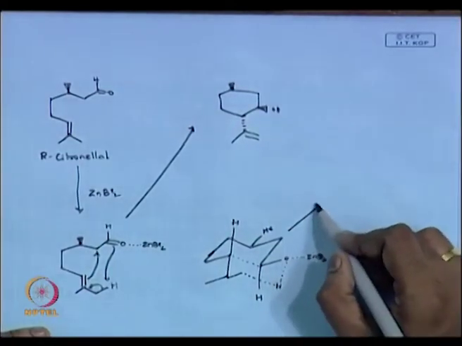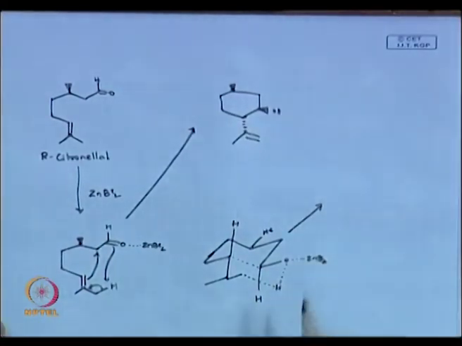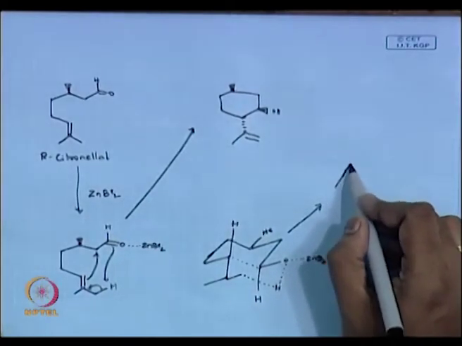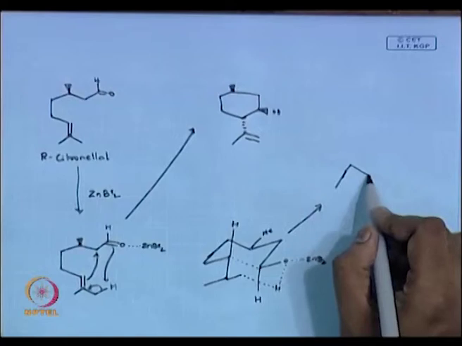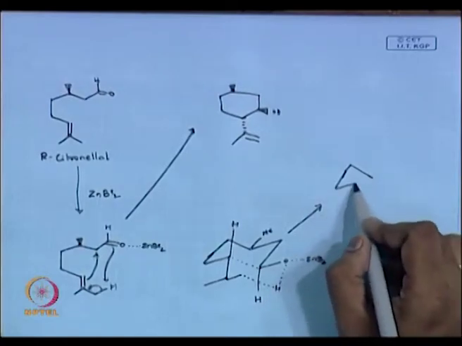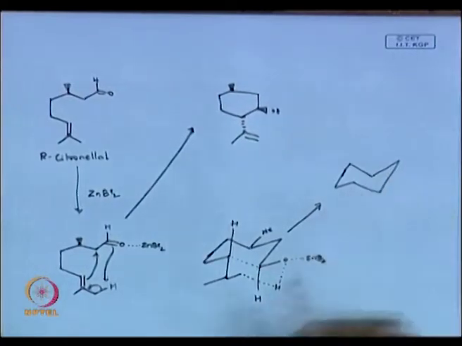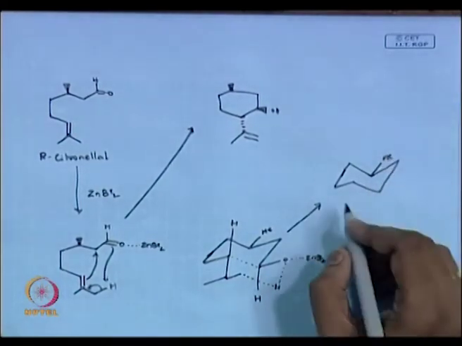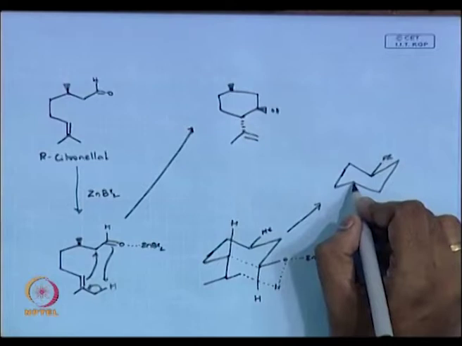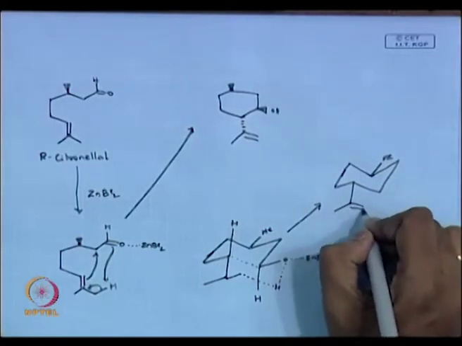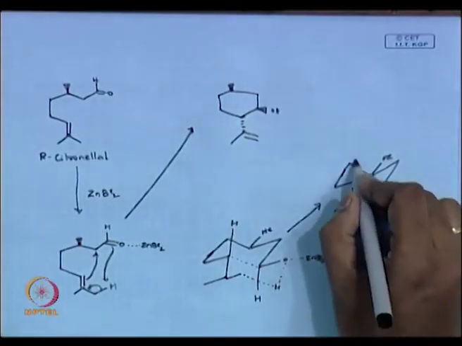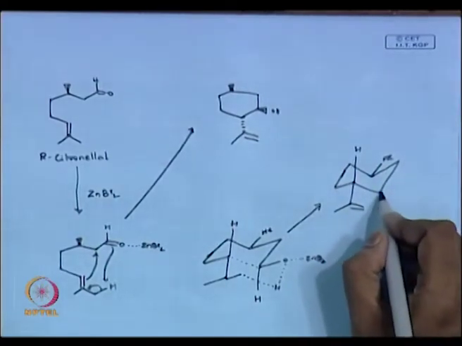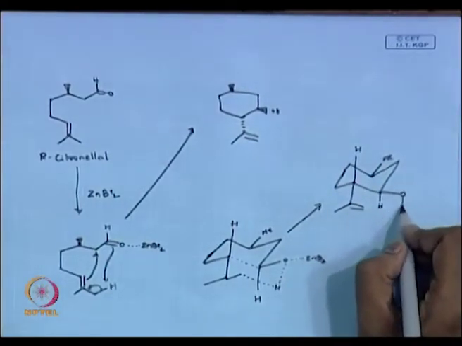Now, if this cleaves, finally what I should get after the ene reaction is, with my methyl in the equatorial, my double bond, and this hydrogen here with my OH.